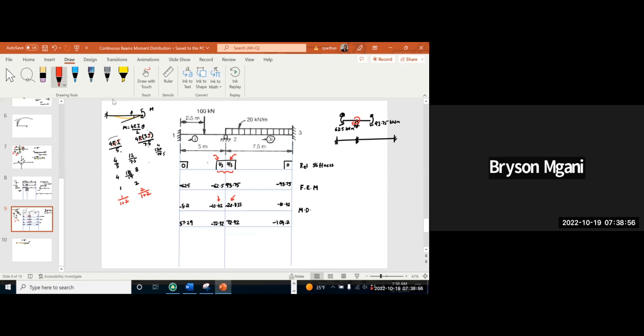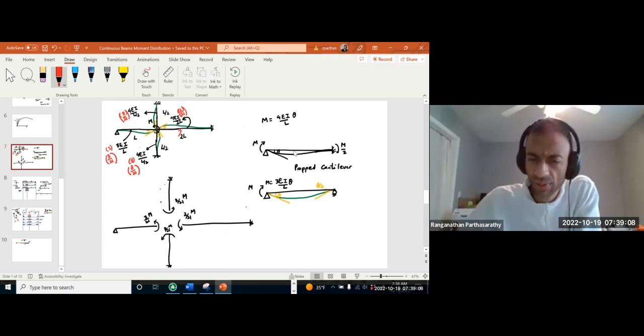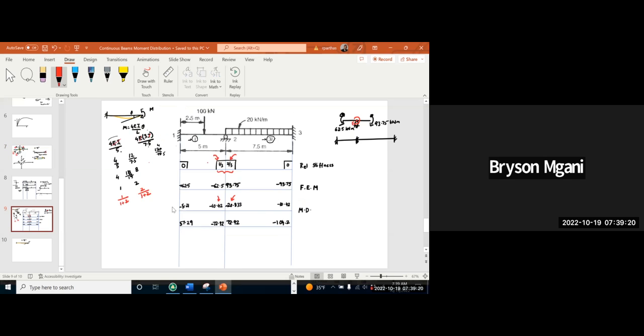So I'm asking about the 5.21 and negative 10.42. Yeah. That is carryover moment, because when you apply moment here, then half is carried over to the fixed end, right? That's why. Sure. Okay. And for the last line? Yeah.